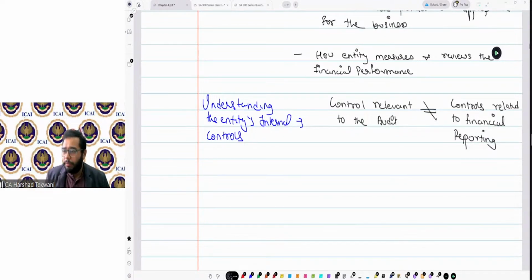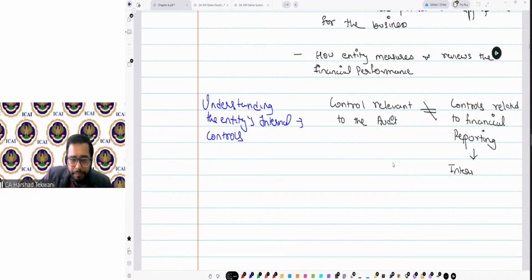As per section 143(3)(i) of the Companies Act, the statutory auditor is required to report whether the company has adequate internal financial control with reference to financial statements. Okay, so that is coming from controls related to financial reporting.